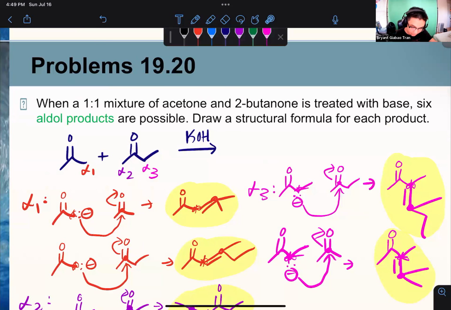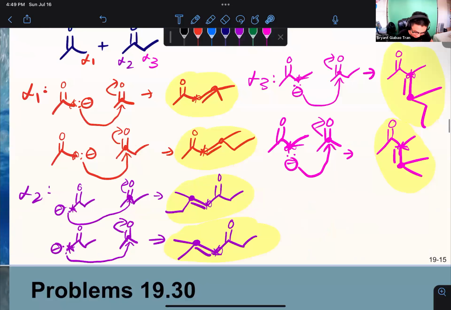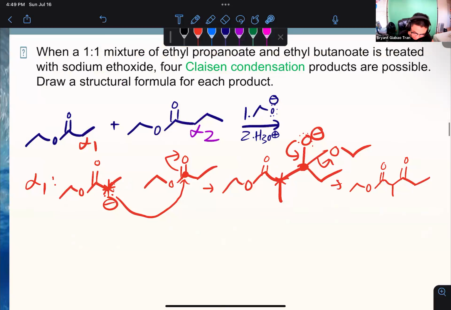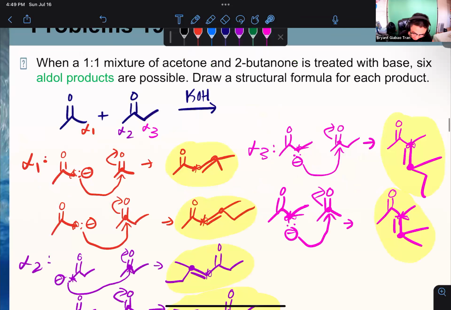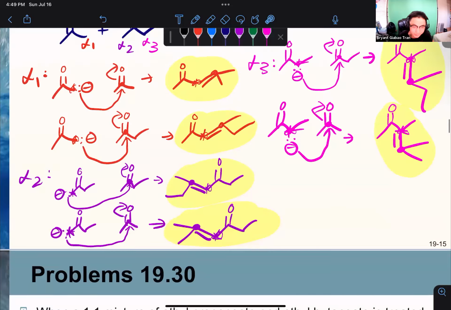If there's like 3 ketones, then there would be way more products because it could attack itself, the second ketone, or the third ketone. That's way too much work. Yeah, that's a lot. Hopefully he doesn't give you that on the exam because that would waste so much time for one single problem.